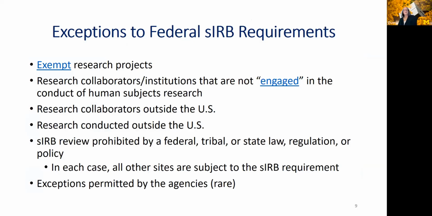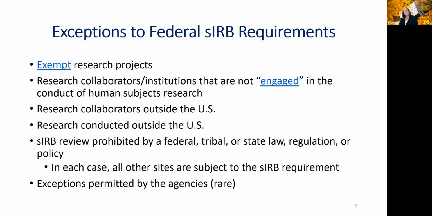So there are some exceptions to this federal single IRB designation requirement. The first is that it applies only to projects that are fully regulated by the IRBs, which means projects that fall within the requirements for a full committee or an expedited review.